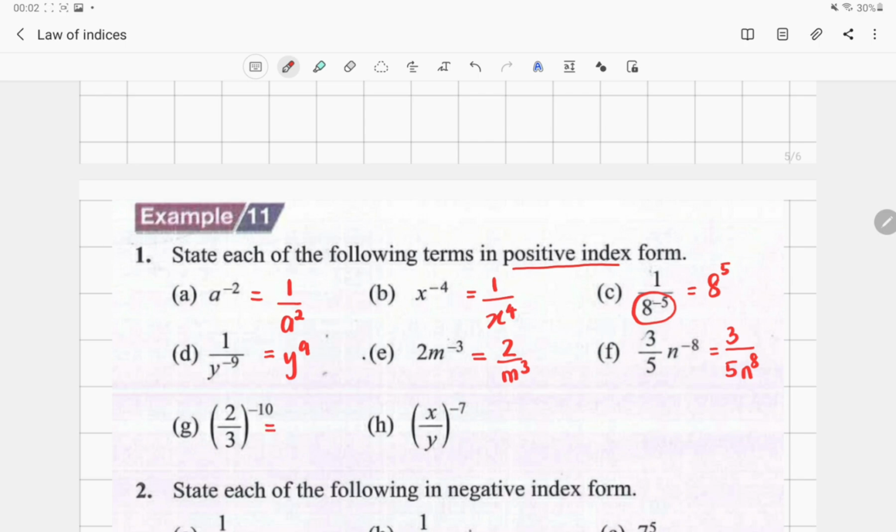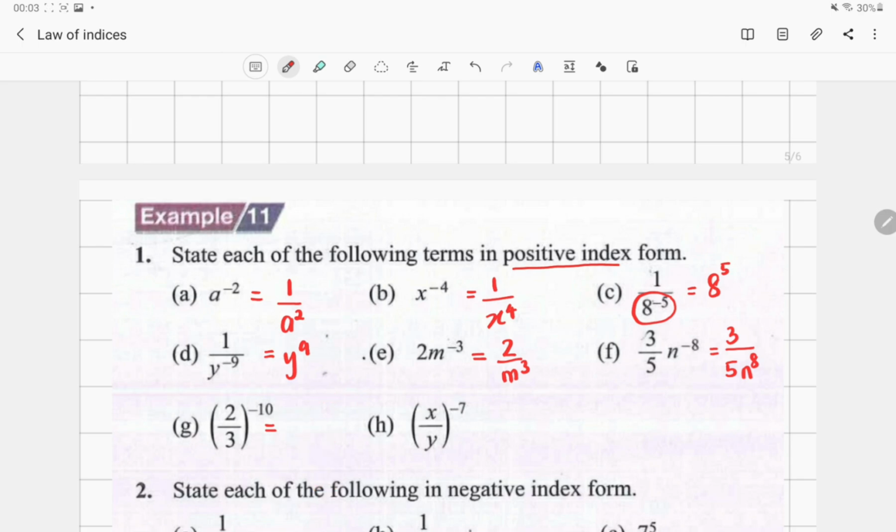Alright, this one, if we write it in terms of positive index, it will be reciprocal. When we open the bracket, this one is the answer. And if we write it in positive index, it will be 3 to the power of 10 over 2 to the power of 10.